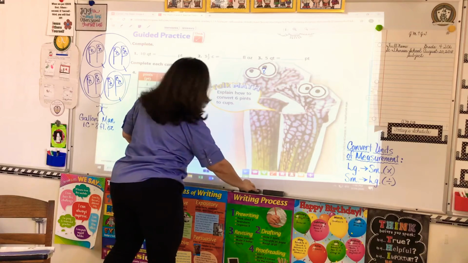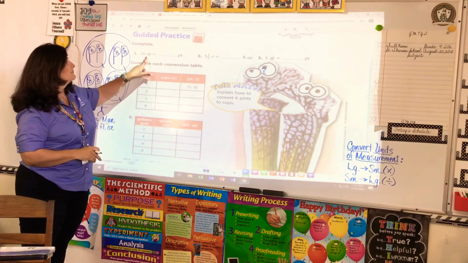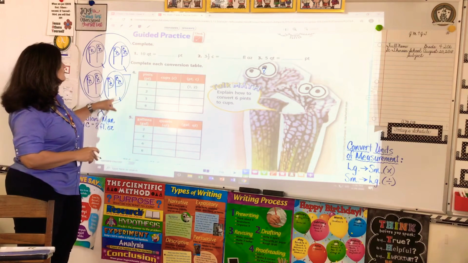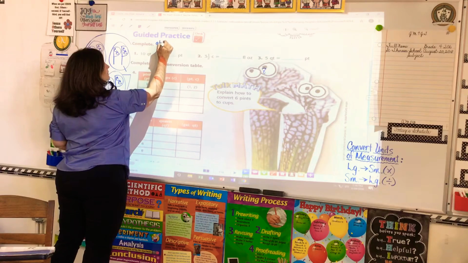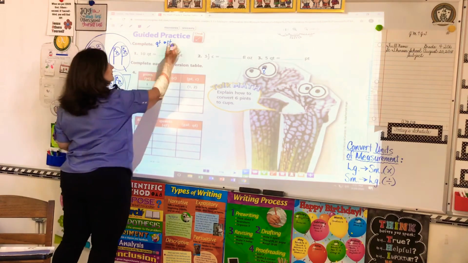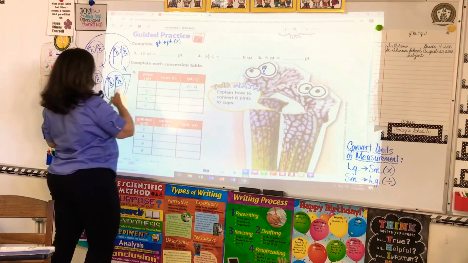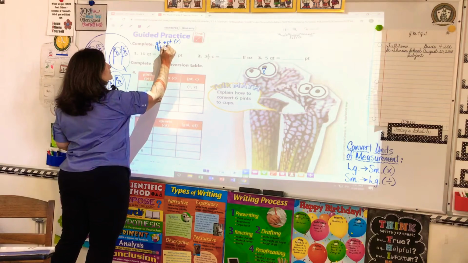Okay. Once again, we're going to convert quarts to pints. Before we convert, we want to see what's the relationship of quarts to pints. We know when we go from larger to smaller, multiply. 1 quart equals 2 pints.